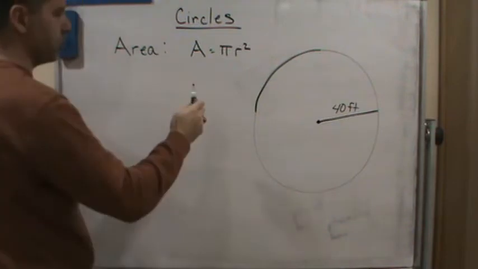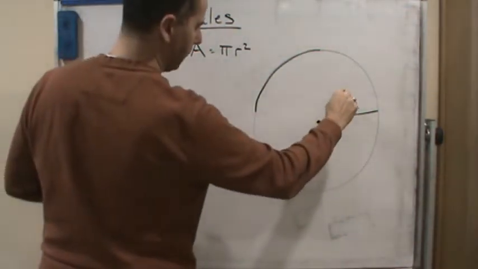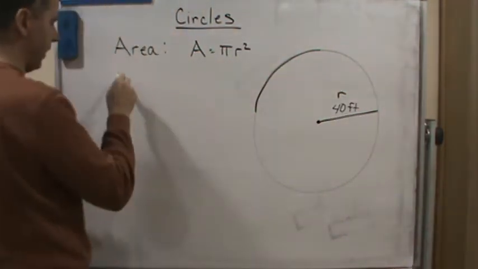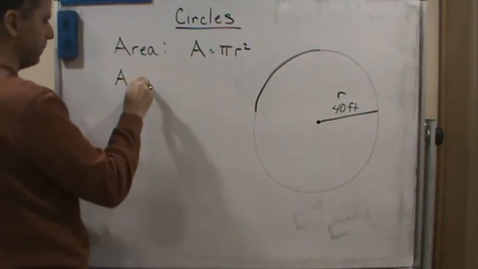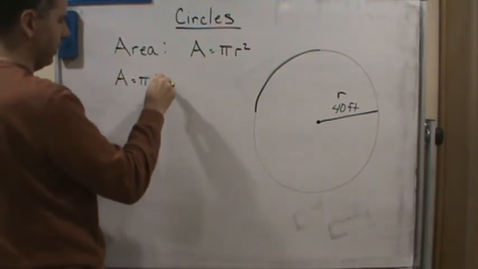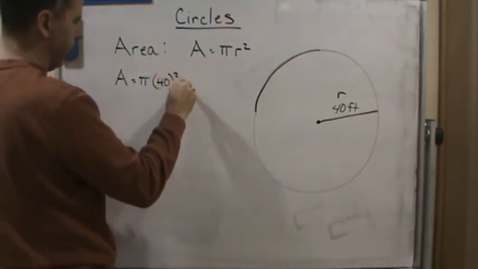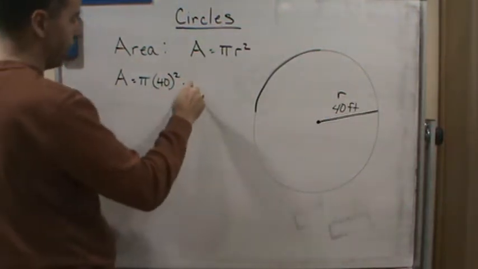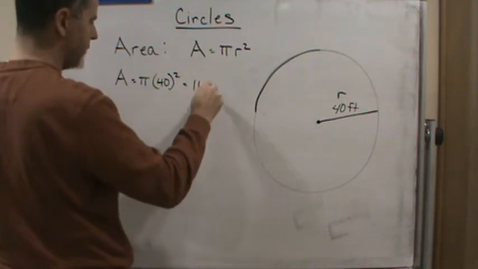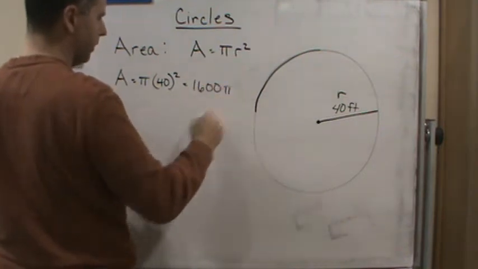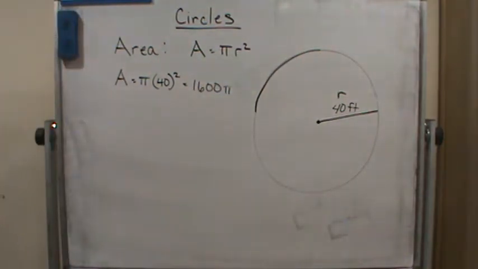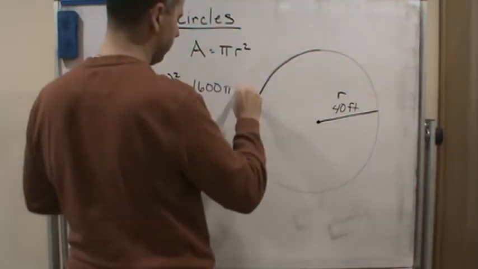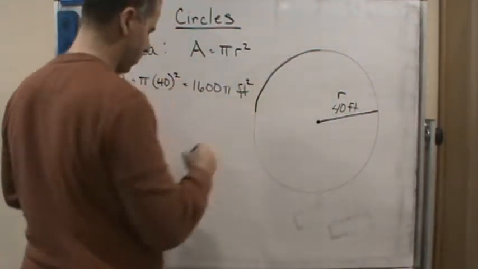So all we're going to do is, since this is radius, we're going to use this formula. So area equals pi times 40 squared. Okay? And 40 squared is 1600, so this is going to be 1600 times pi. And this is in feet squared. So square feet.